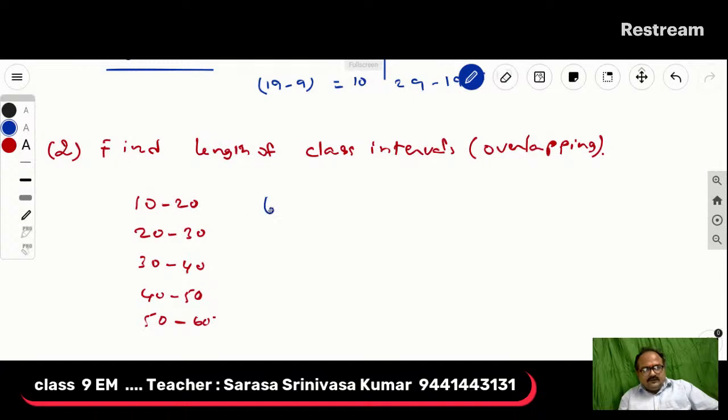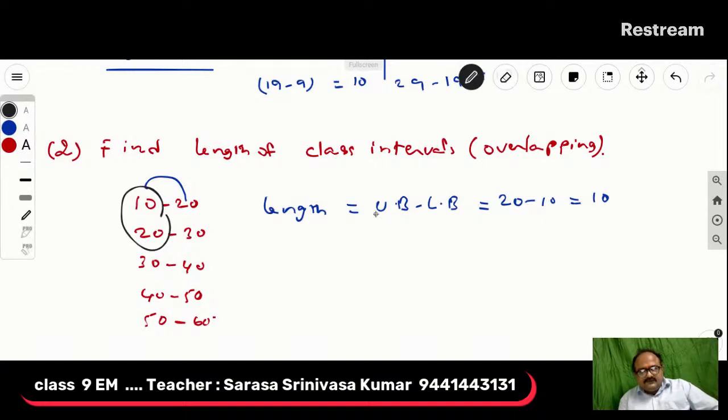The length of the class interval equals upper boundary minus lower boundary, which is 20 minus 10, equal to 10. Otherwise, you can take the difference: 20 minus 10 equals 10, and 30 minus 20 equals 10.